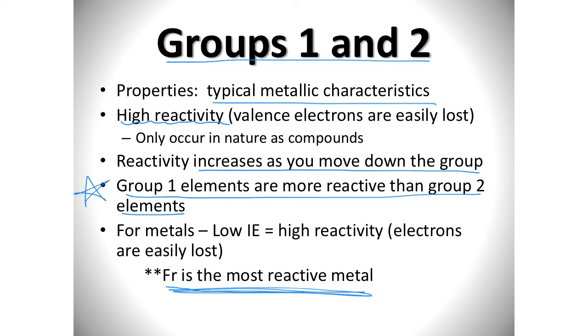So the closer something is to francium, especially being a group 1, the more reactive it is. And then again, as we said a slide or two ago, lower ionization energy equals a higher reactivity, because that would correlate with electrons being lost easier.